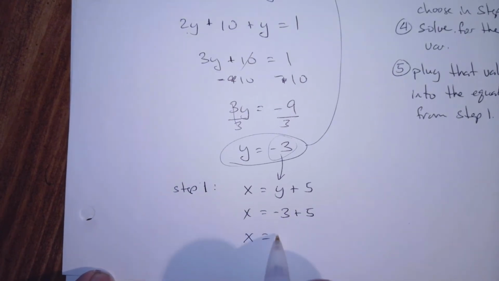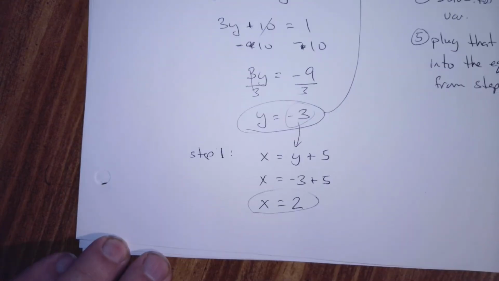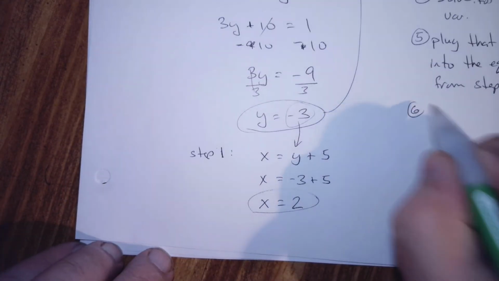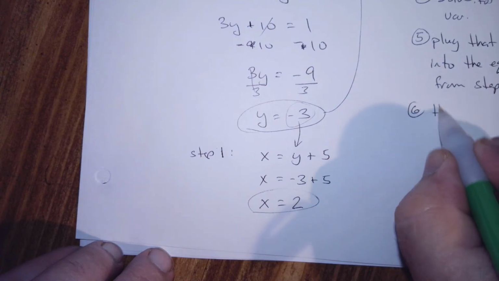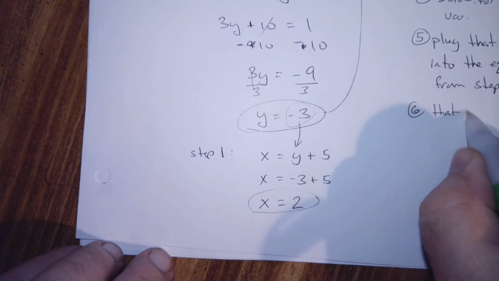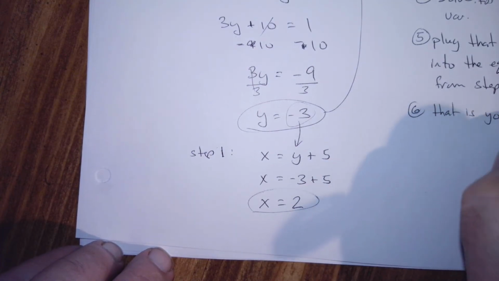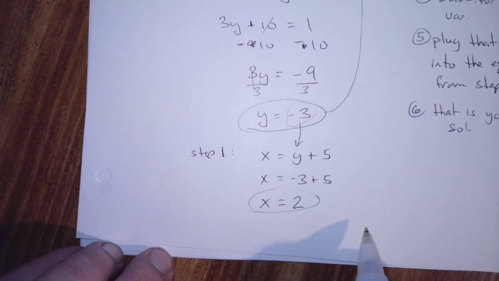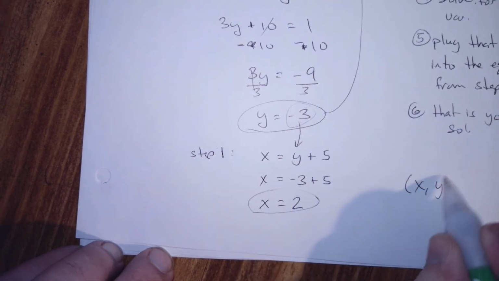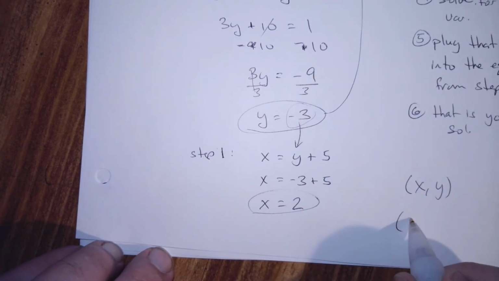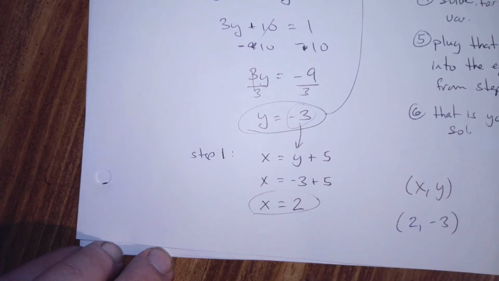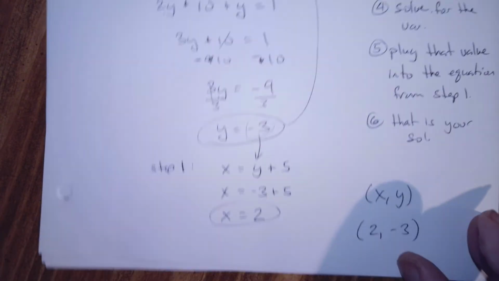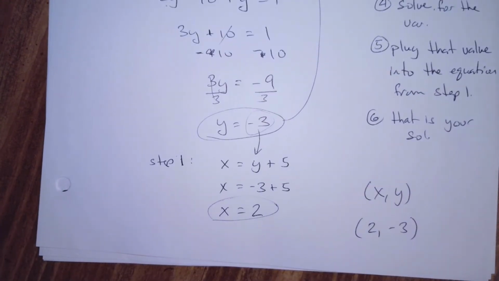So x is equal to 5 minus 3, which is 2. That is your solution. So x is 2, y is negative 3. That's your solution.